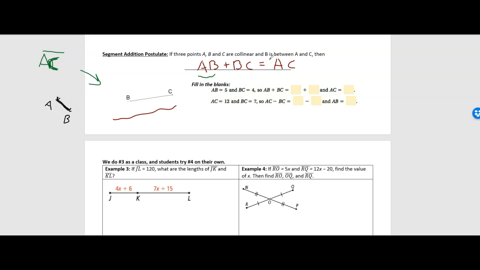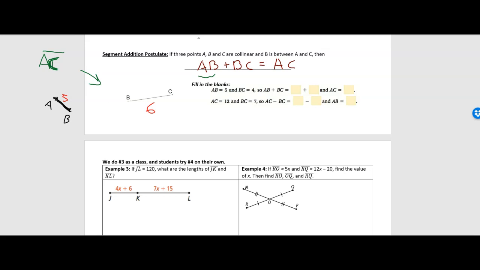So if I remove AB from my entire line segment, let's put some numbers here. Let's say AB is 5, BC is 6. Well, AB, so 5 plus BC, which is 6, would give me 11, right? It doesn't matter whether these pieces are together or whether they're separate, they're still going to equal 11 when I combine them.